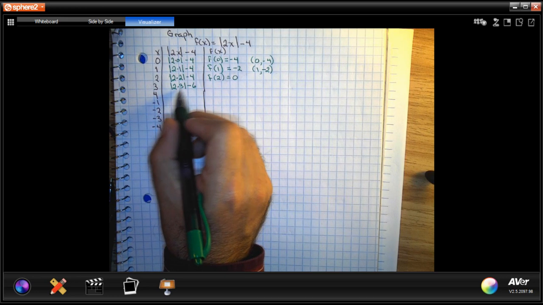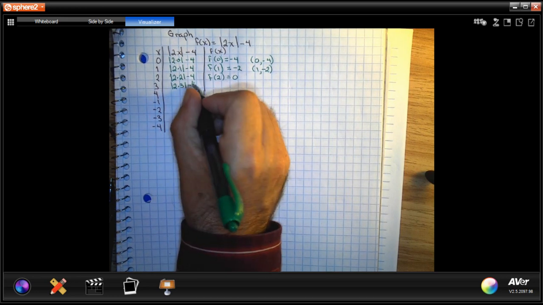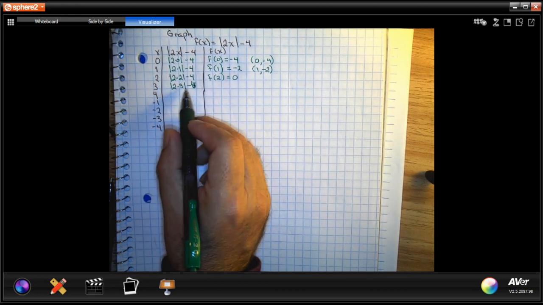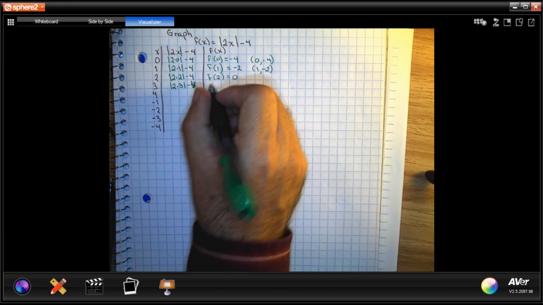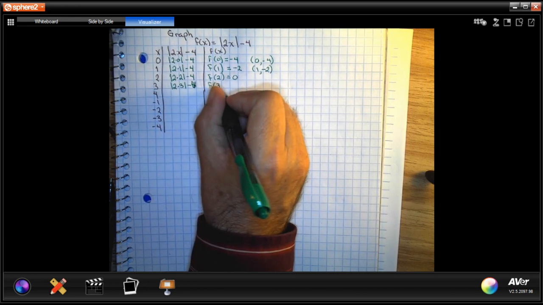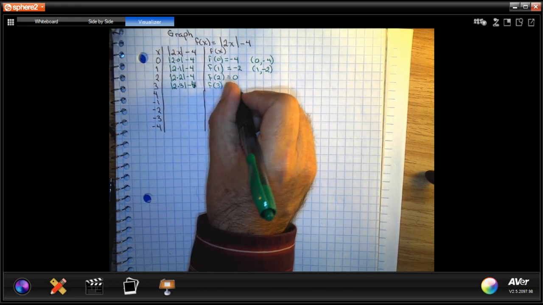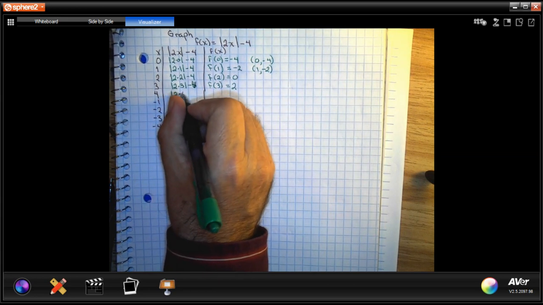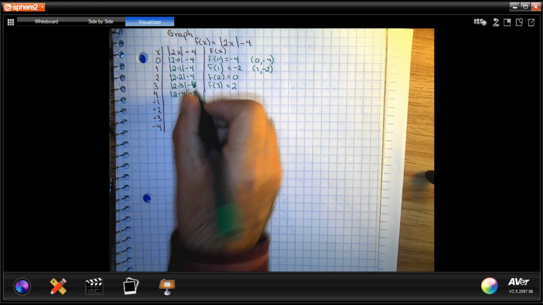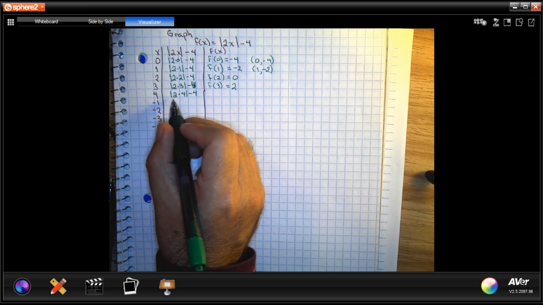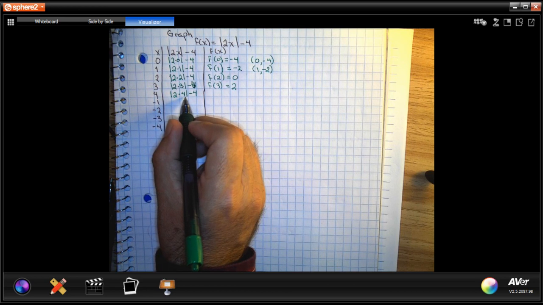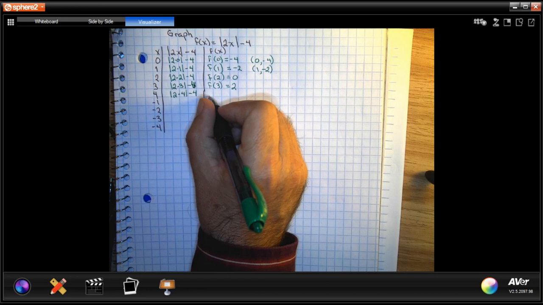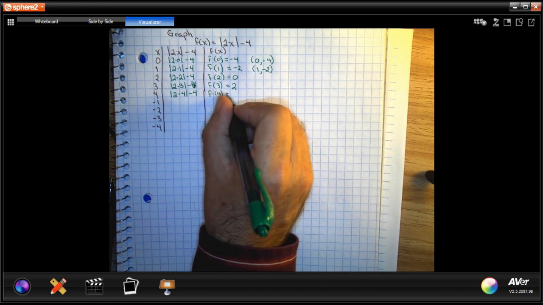The absolute value of 6 minus 4 gives us 2. One more positive value. 2 times 4 is 8. The absolute value of 8 is 8, minus 4 gives us 4.